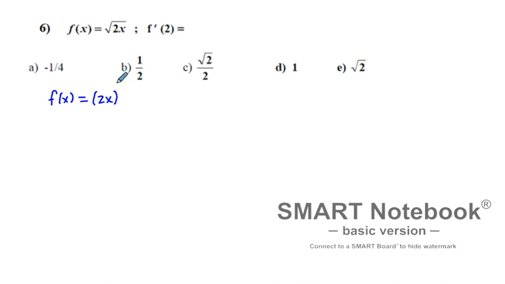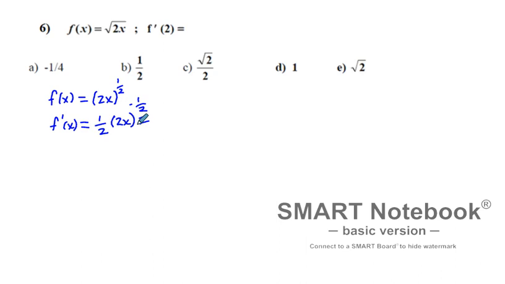So I'm going to rewrite this as 2x to the 1/2 power. Now f prime of x, you multiply by 1/2. We take this 2x, and we take this 1/2 minus 1, which is negative 1/2. And lastly, using the chain rule, we multiply by the derivative of the inside function, which is 2.